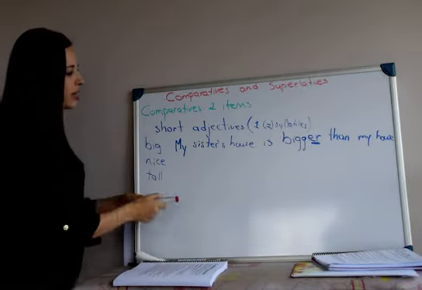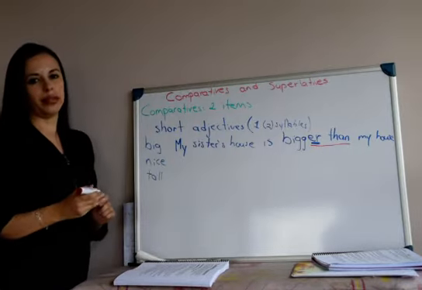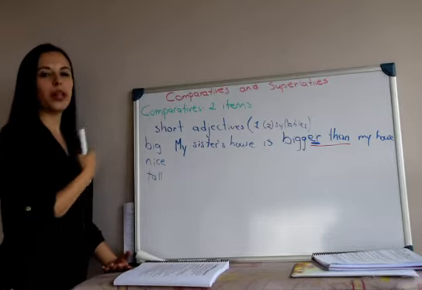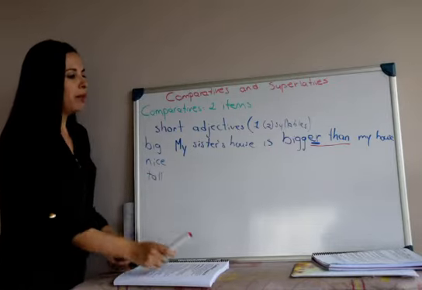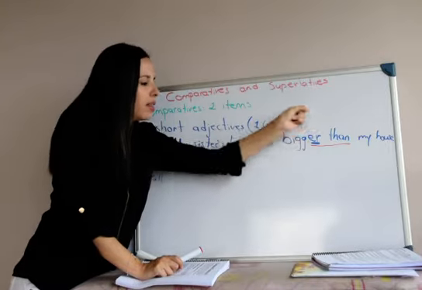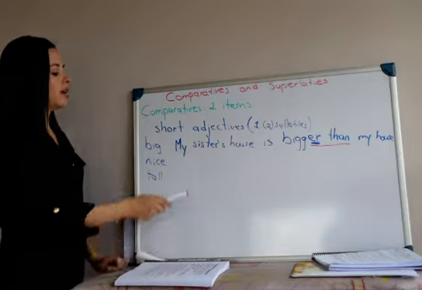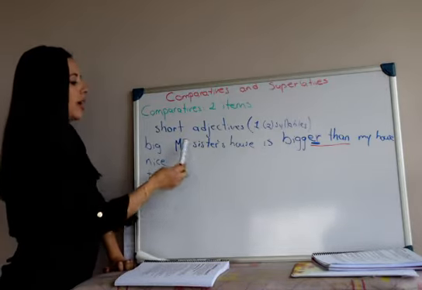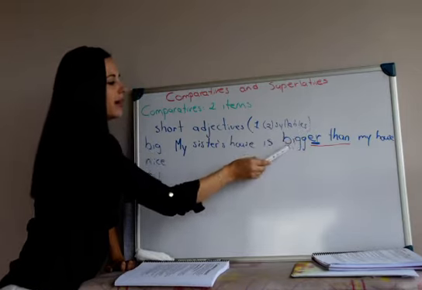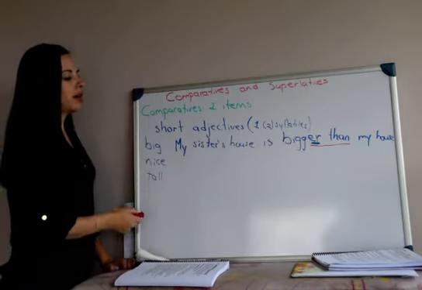Okay, so in this case, this ER than is the comparative. That structure is already comparing my sister's house with my house. What's the meaning of ER than? Más que. Okay, this ER means más. And then que. So we can translate this like, la casa de mi hermana es más grande que my house. Okay, that's a comparative.